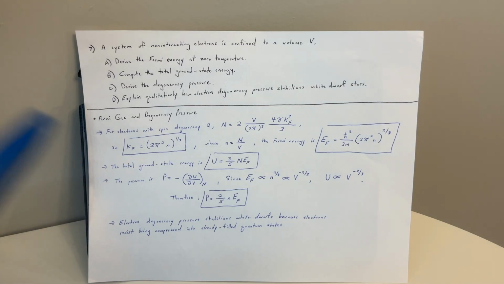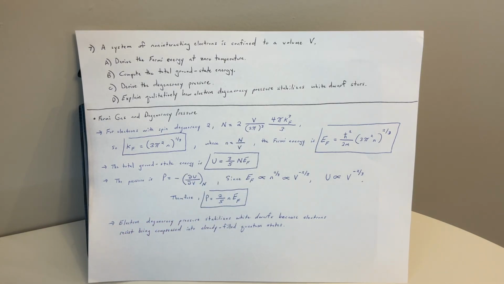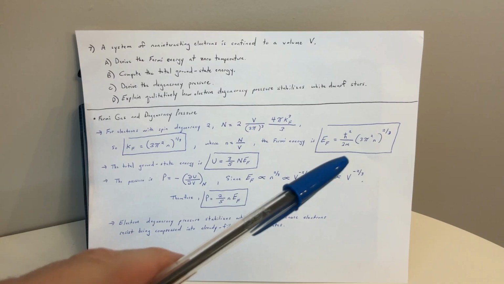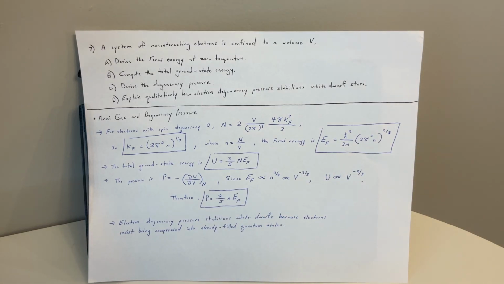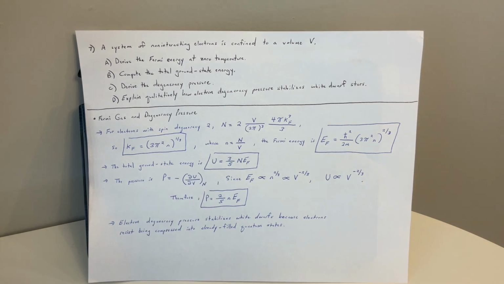So k_F equals (3 pi squared n) to the 1/3, where n equals N over V. The Fermi energy is E_F equals h bar squared over 2m times (3 pi squared n) to the 2/3. The total ground state energy is U equals 3/5 N E_F.